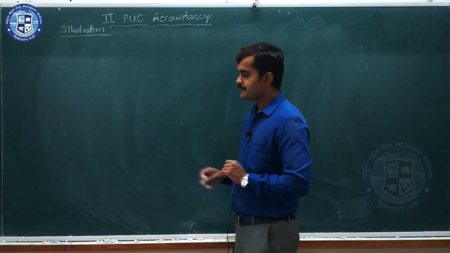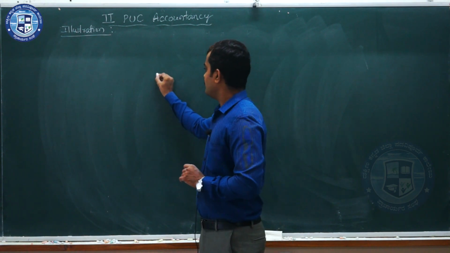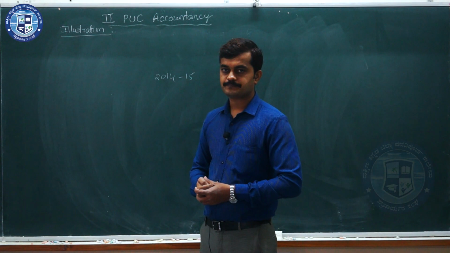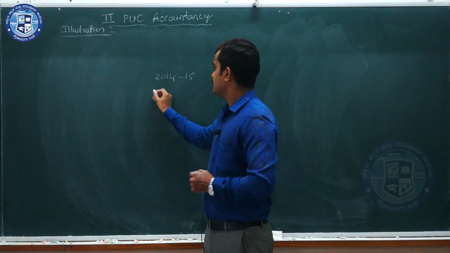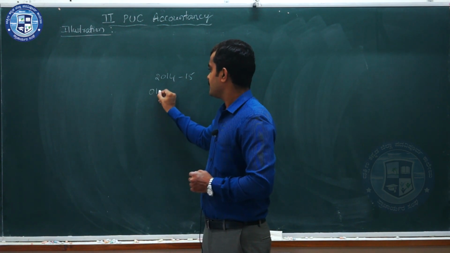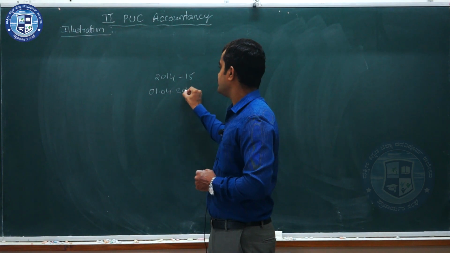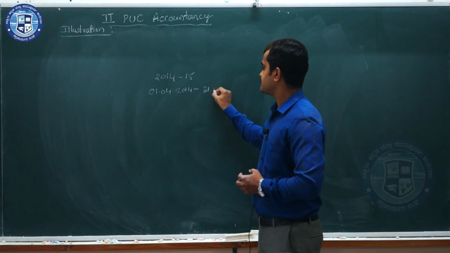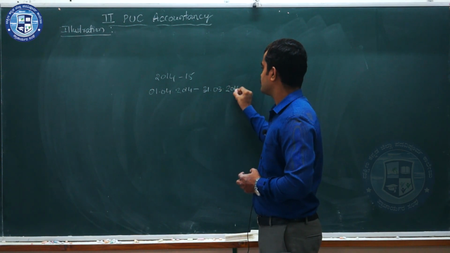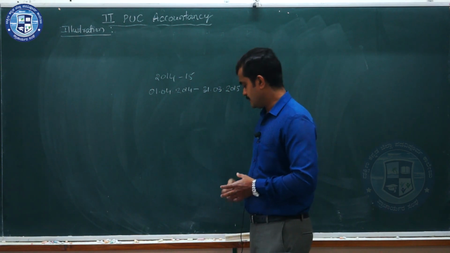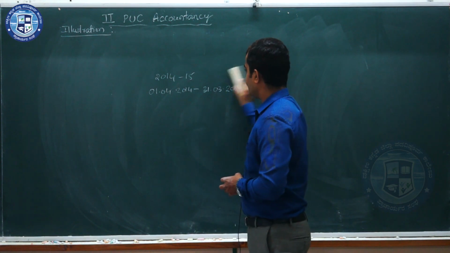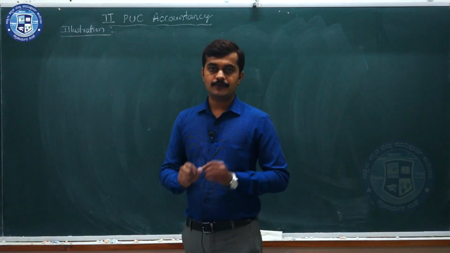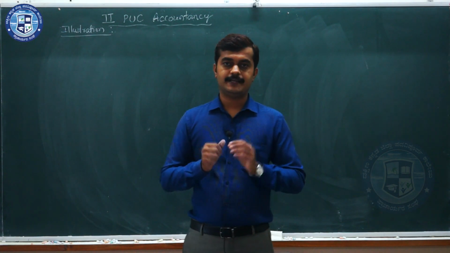In this case, they have mentioned accounting period as 2014-15. That means accounting period starts on 1st April 2014 and it ends on 31st March 2015. So, in the case of calculation of interest on capitals, we have to be careful regarding the date and time.